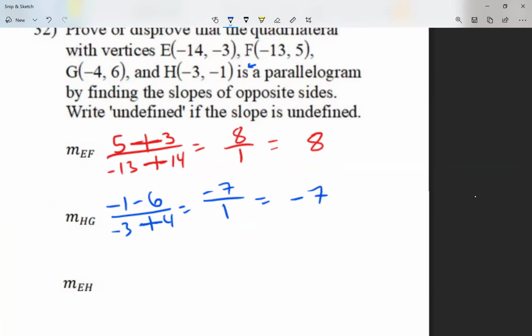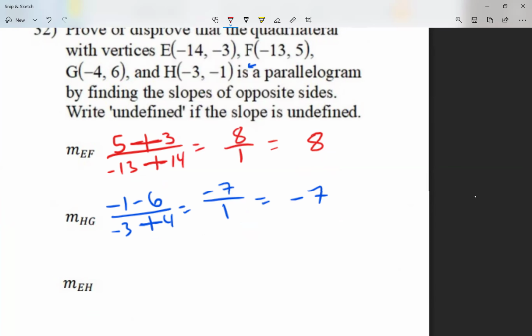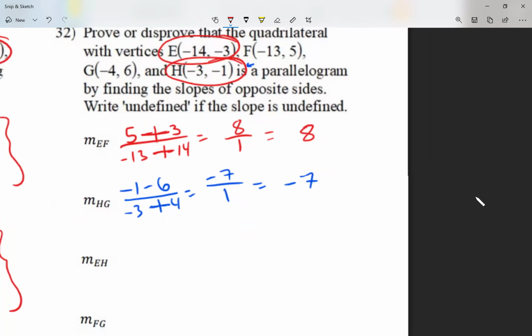Let me clear this out. Let me switch back to red. Now finding the slope of EH. So I'm using the values E and H. I'm going to use H as my second point. So the first number that I write is coming from the point H. So let's subtract the Y's. -1 minus a -3.